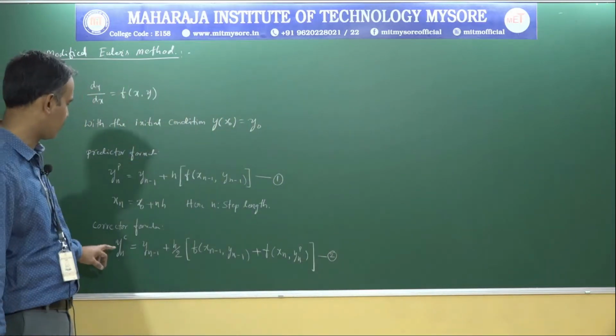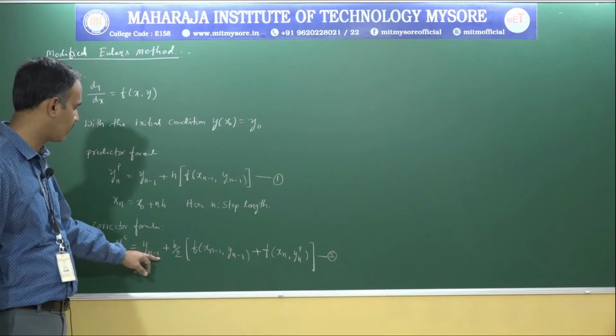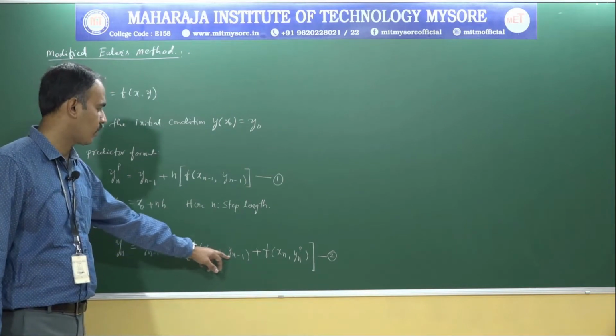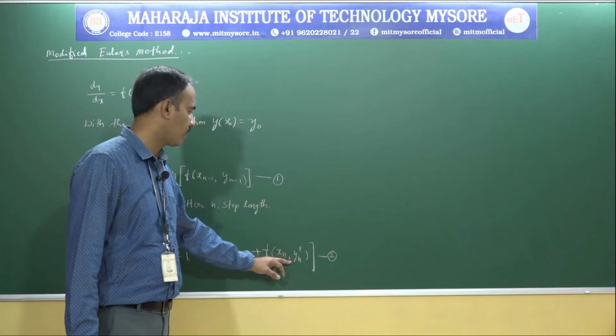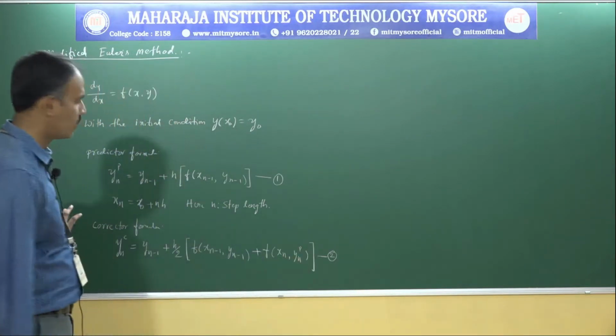In the corrector formula, yn c is equal to yn minus 1 plus h by 2 f of xn minus 1, y of n minus 1 plus f of xn, yn p. That will be equation 2 here.